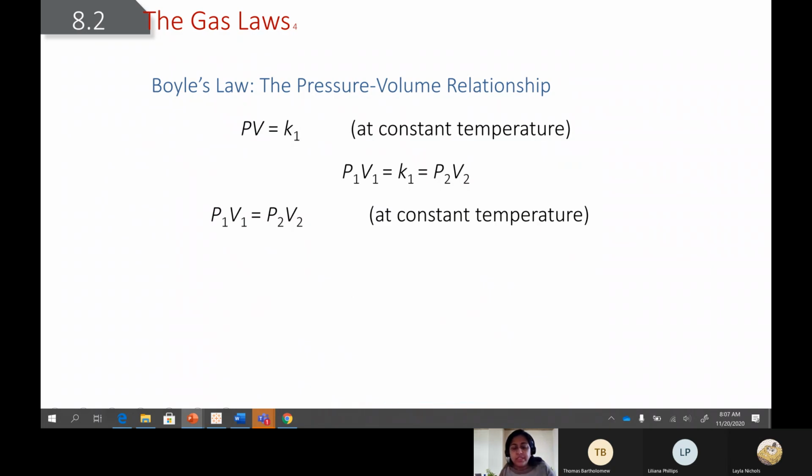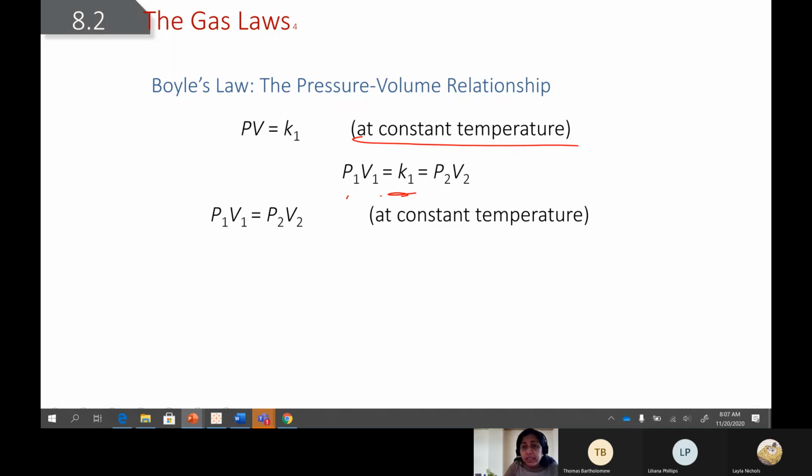So, if I look at the same gas sample at constant temperature, but with different pressure and volume combinations, I would say P1 V1 equals K, even if I do not change the temperature.